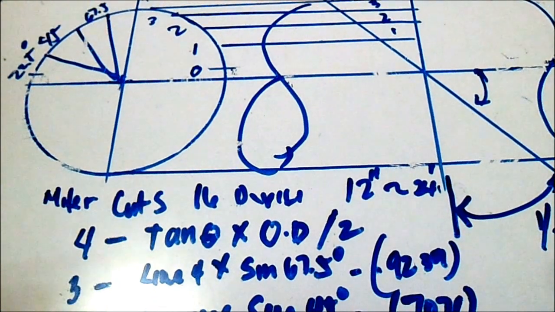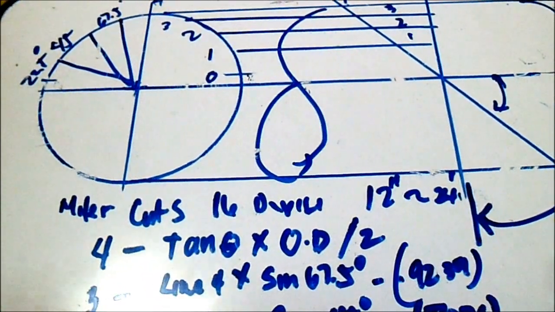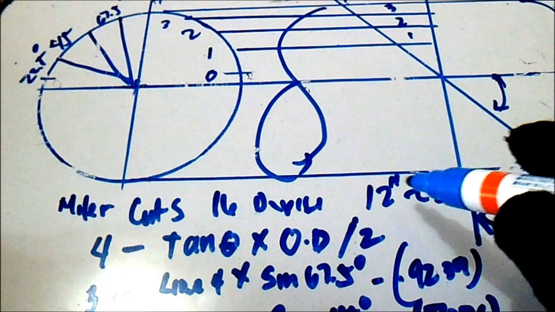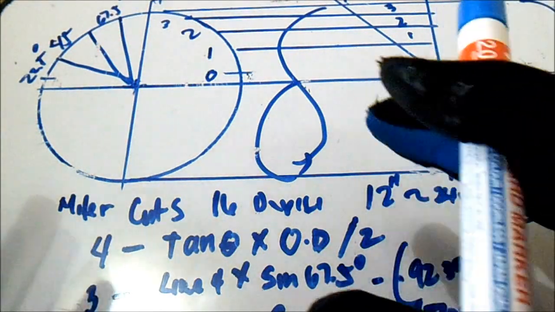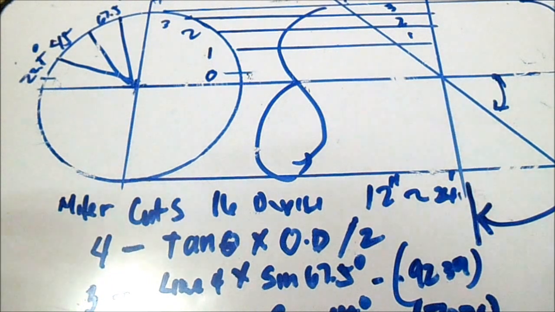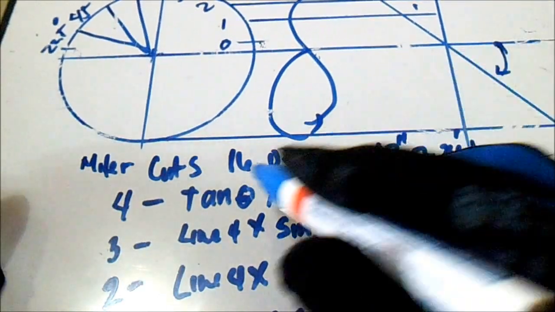This is based on degrees and also on the size of the diameter of the pipes, and which division of your miter cuts you use.